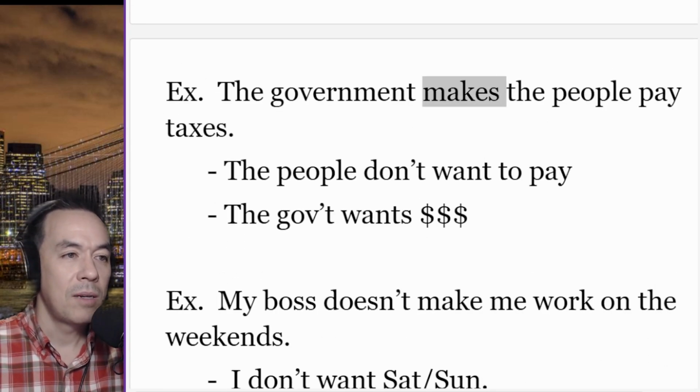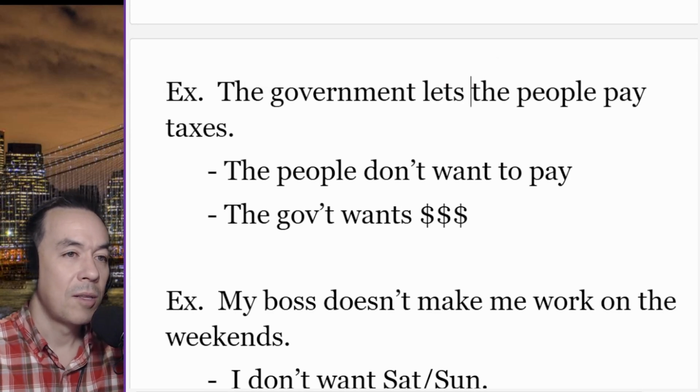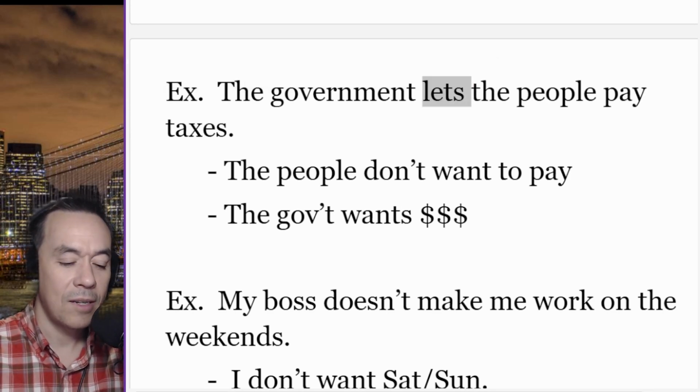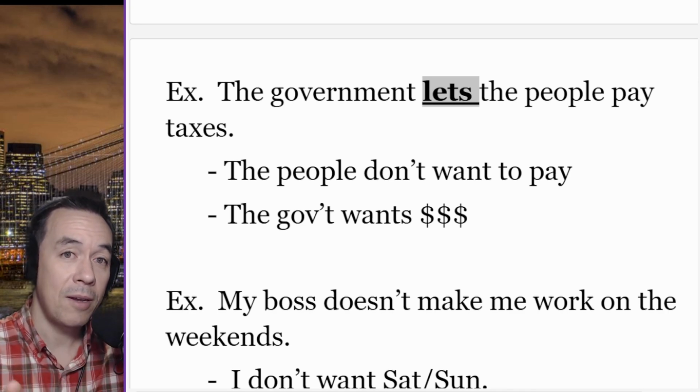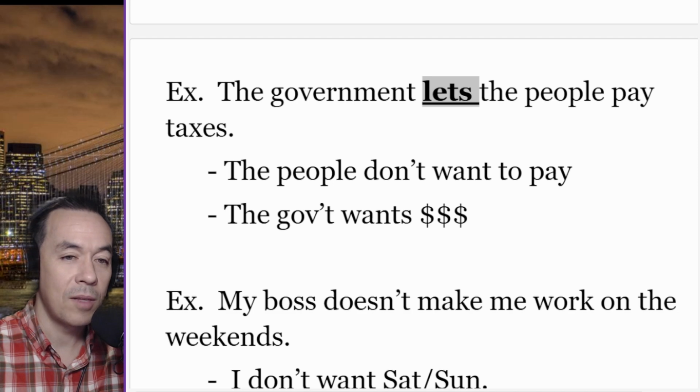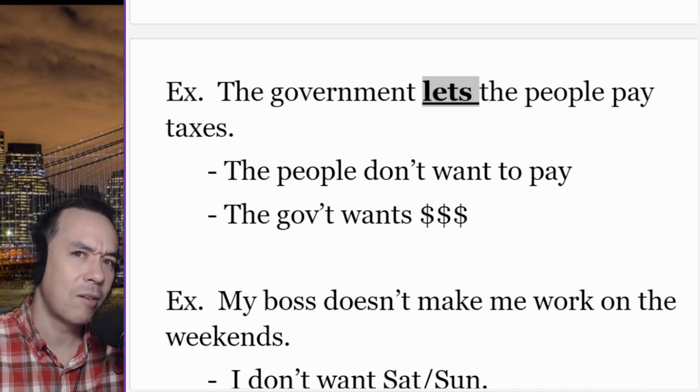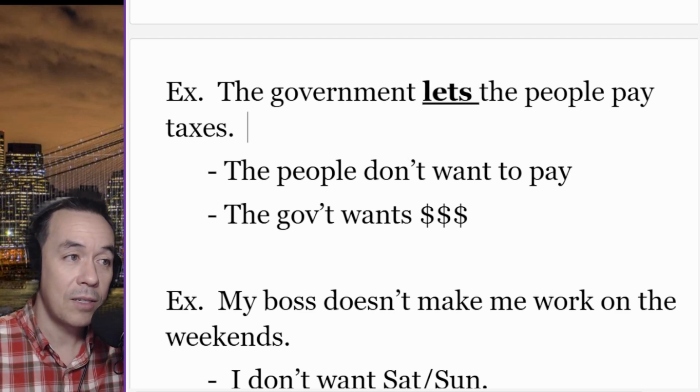Let's say the government lets the people pay taxes. In this case, that means the people want to pay. Oh, please, can we pay? Can we give you the money? And the government says, yes, you can. So that's very crazy. This is perfect English, no mistake.